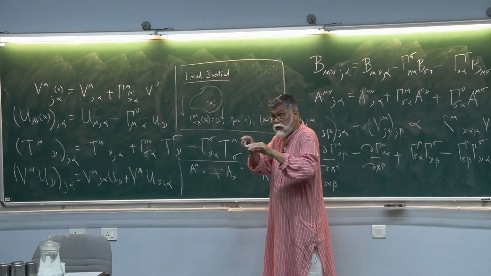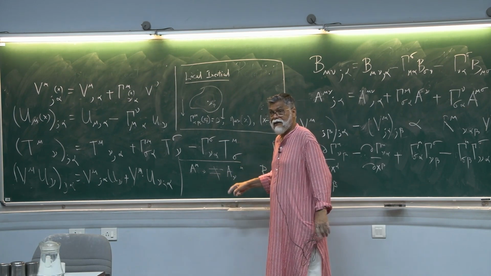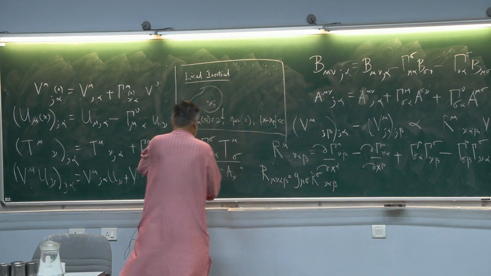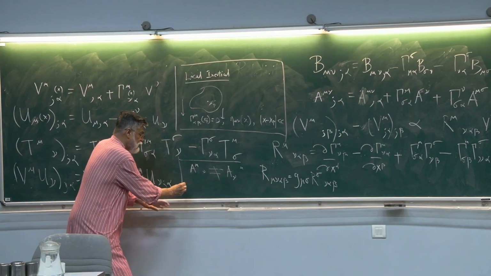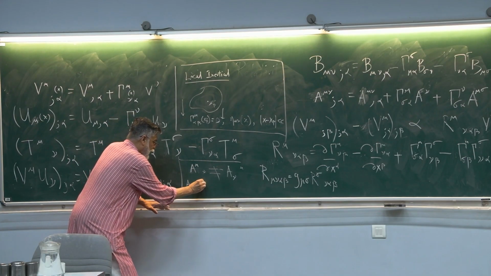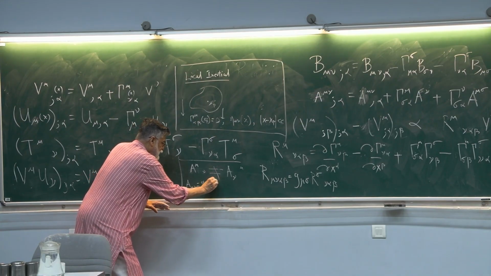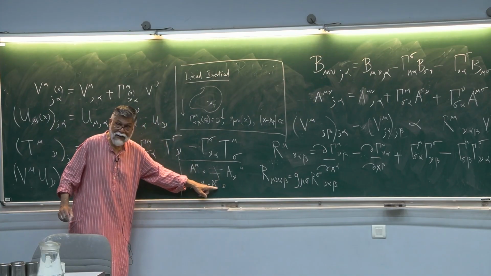Only if A mu nu downstairs is A nu mu downstairs, only then it doesn't matter. So there is a separation. Therefore, if I lower this index, A mu nu, I can lower it by using G mu sigma A sigma nu. Nu is separate. So I am lowering the first index.